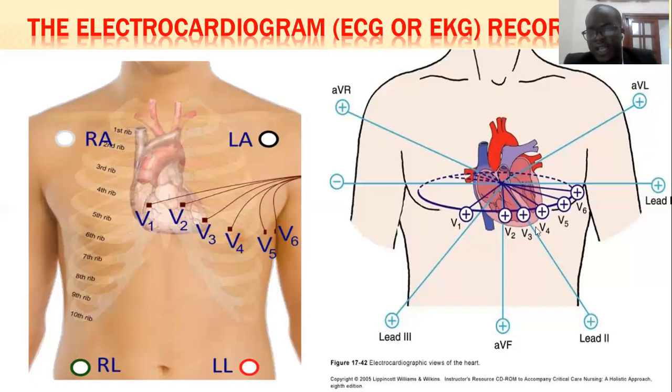So from this diagram, you can appreciate that the chest leads are looking at the heart in the horizontal plane, and the limb leads are looking at the heart in a vertical plane. So you're appreciating this heart from all angles. You have 12 angles in which you're going to look at the heart. So there are 12 leads.